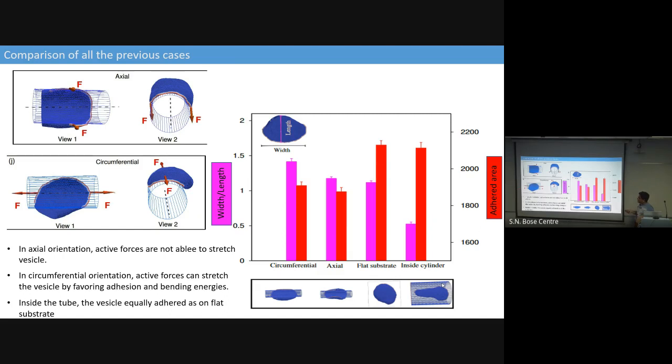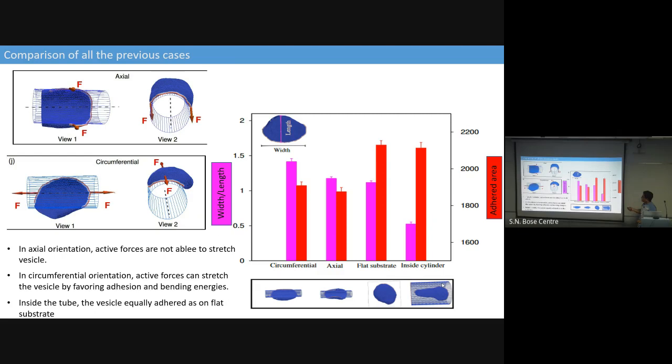So this is happy. The force is able to stretch it, and quantitatively you can show this. If you measure the aspect ratio, that is width by length, this will quantify how much it is getting stretched. So in this circumferential case, it is highly stretched in comparison to the case when it is axially oriented.